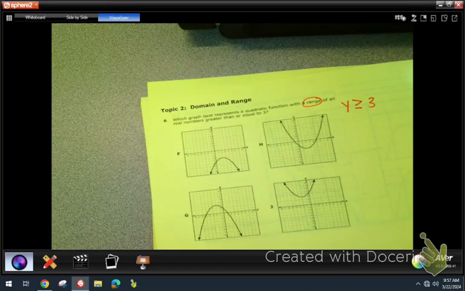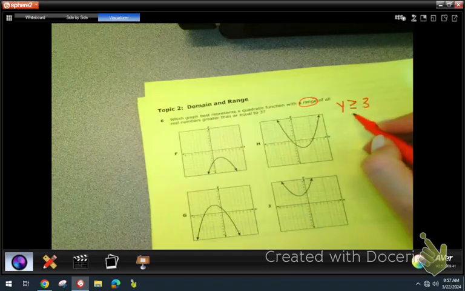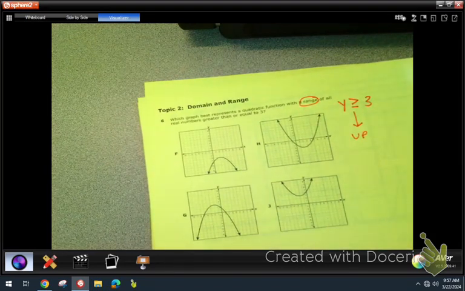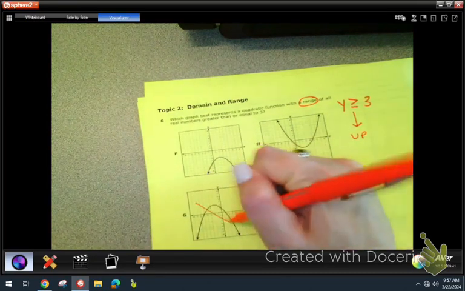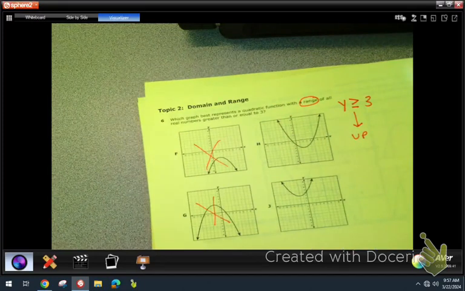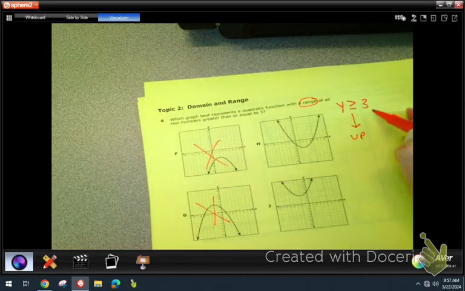Okay? So that means if it says greater than or equal to, should our graph open up or down? So we need a graph that opens up. So what can we get rid of? G and F. Okay? And then where does our boundary need to be?